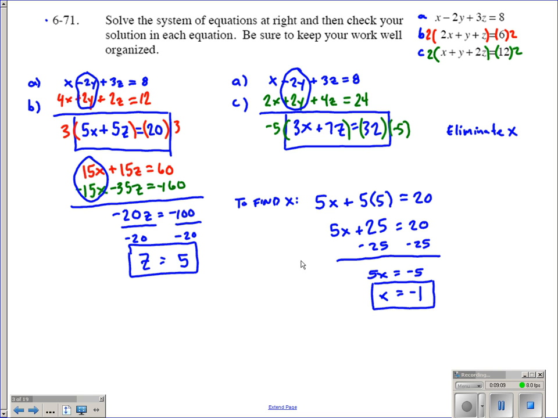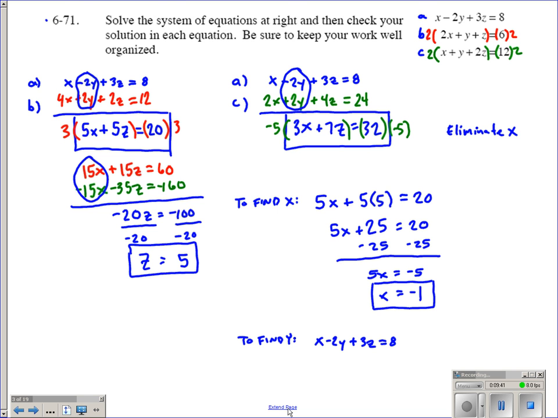And the next thing we can do here is figure out what our value of y is. To do that, let's look at one of our original equations. Let's look at our x minus 2y. I'm just going to recopy it down here so I can keep track. Equals 8. So we're going to find y.